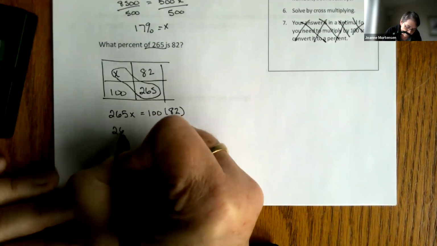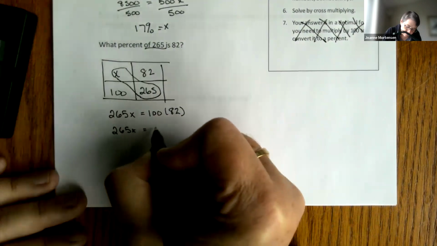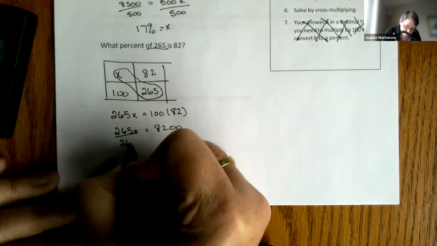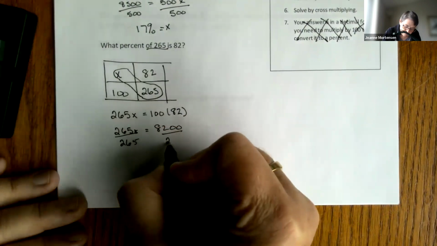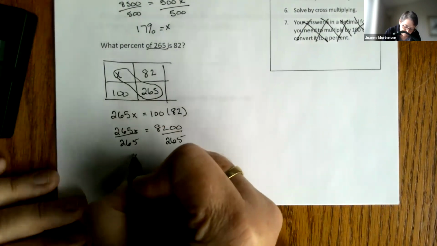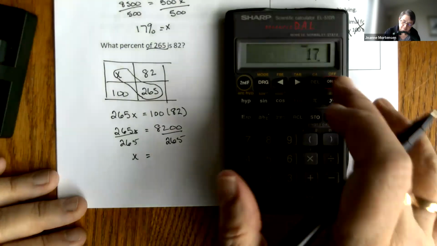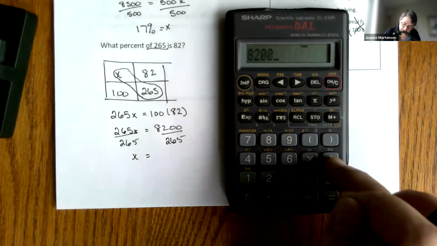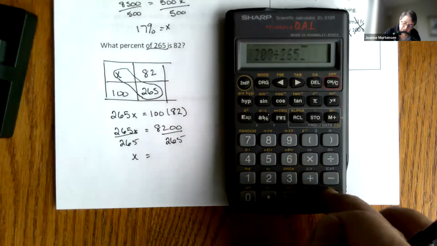So 265x is 8200. Divided by 265. So 8200 divided by 265.